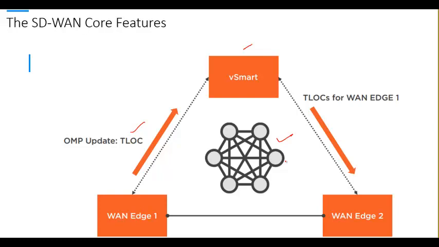It knows the T-log, which means the tunnel endpoints, the transports that are available, the WAN IP address, as well as the overlay color to reach the tunnel. That's how vSmart can build a control plane for the WAN edge to use.